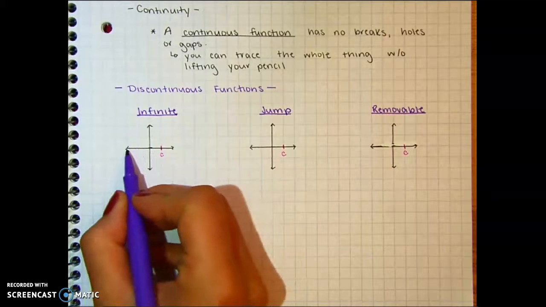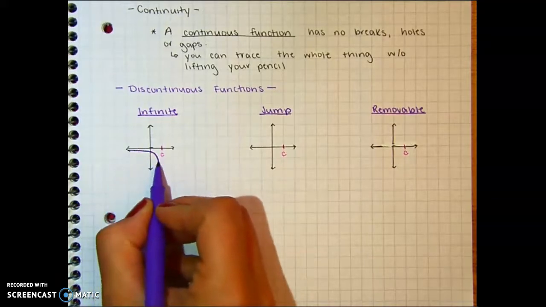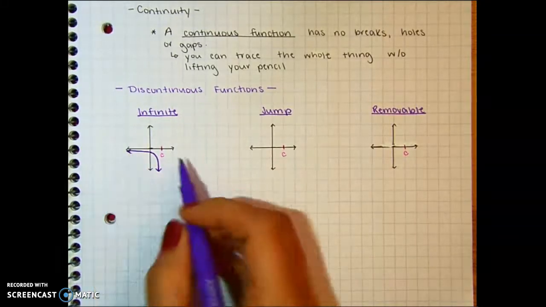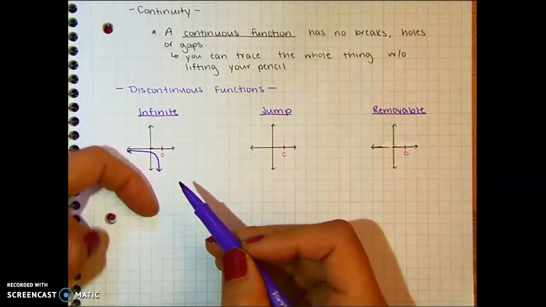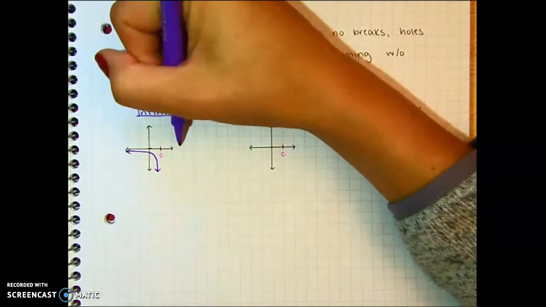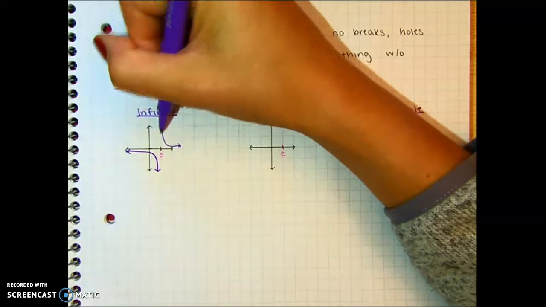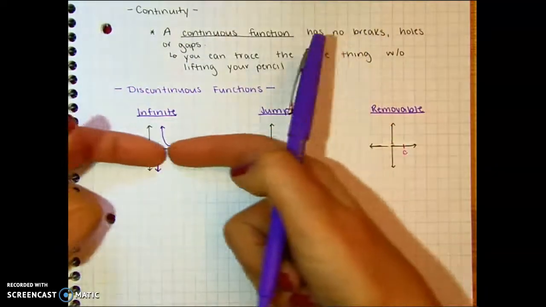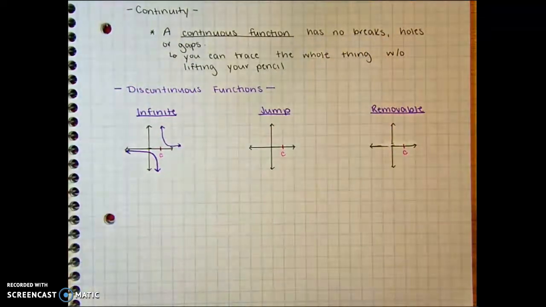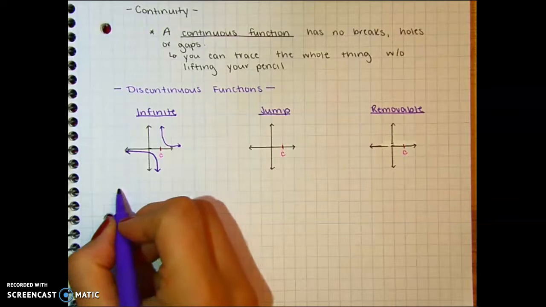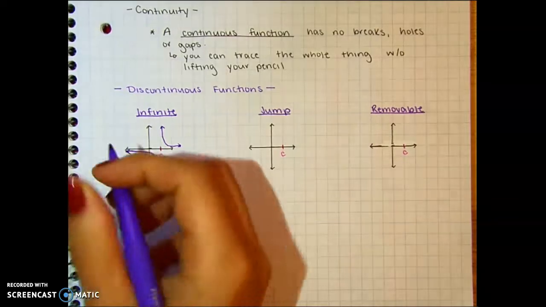So over here, if we're coming from the left, it decreases infinitely, because we're going towards C. And if we were coming from this way, going towards C, it's increasing infinitely. So let's take notes on that to make sure you've got that solid.